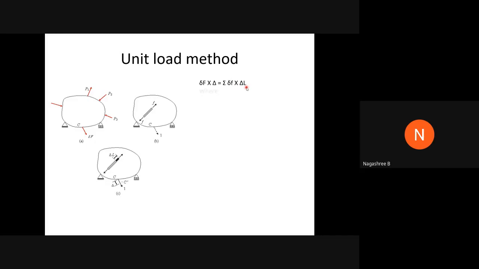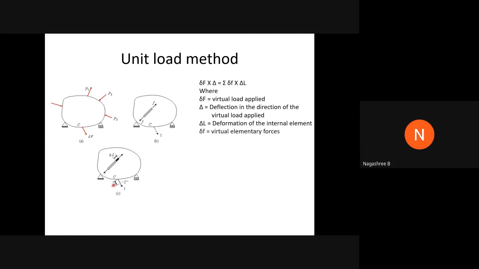So here delta F represents the virtual load applied, delta is the deflection in the direction of the virtual load applied, and delta L is the deformation of the internal element which I am going to consider.